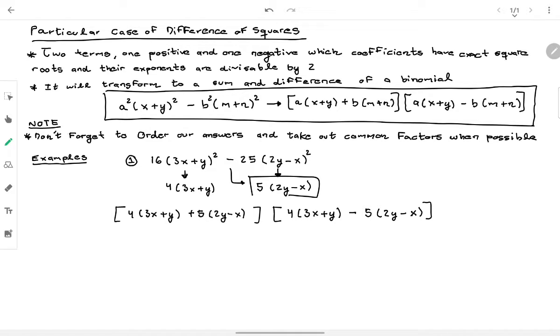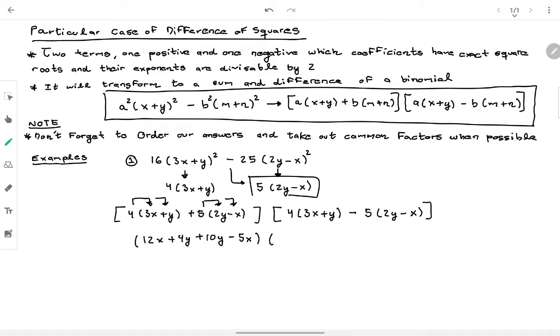Then what I need to do is the multiplication, and in this case, the like term simplification. So it's 4 times 3x and times y. So I will get, in this case, 12x plus 4y, plus 10y minus 5x.